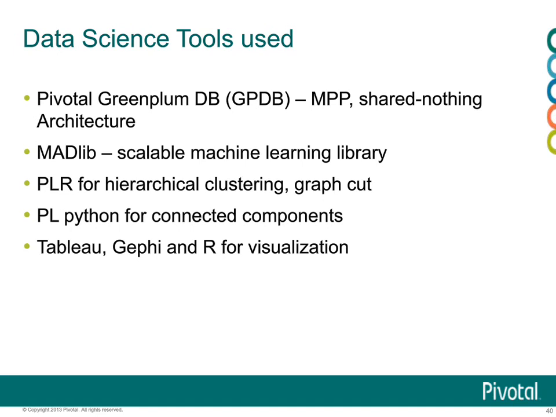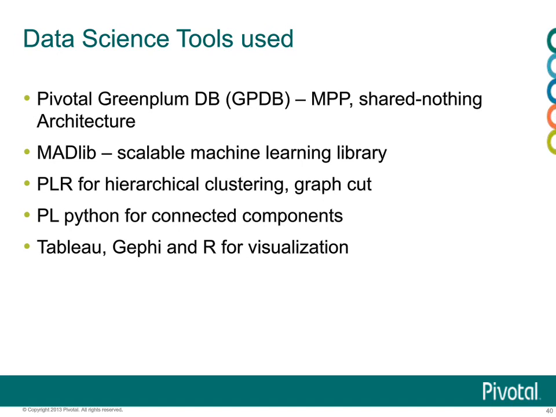And on top of GPDB, we also have this open source machine learning library called MADlib, which comes with popular built-in machine learning algorithms like LDA, random forests, and SVMs.